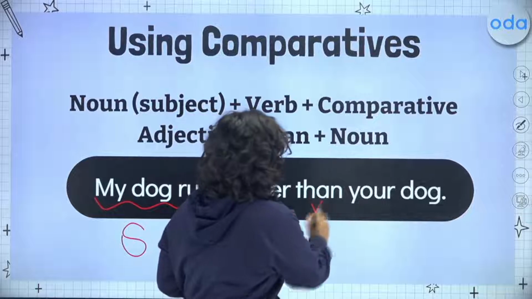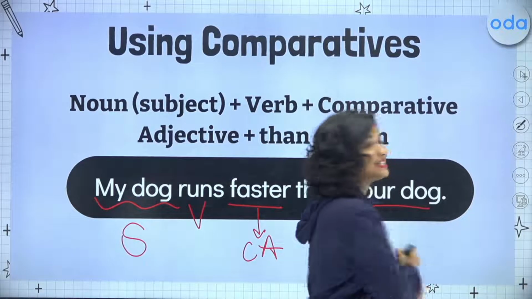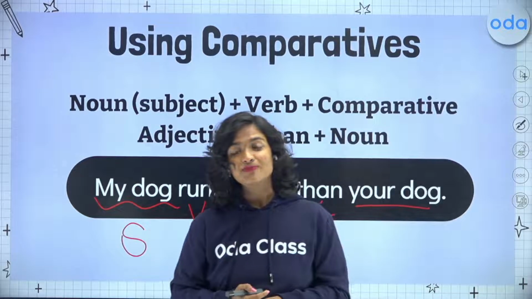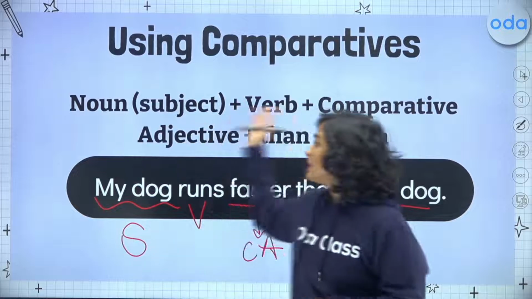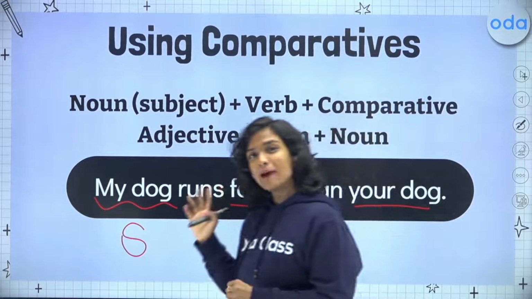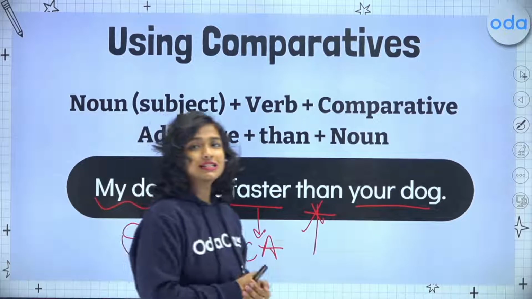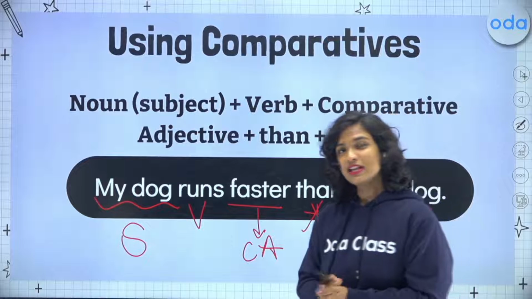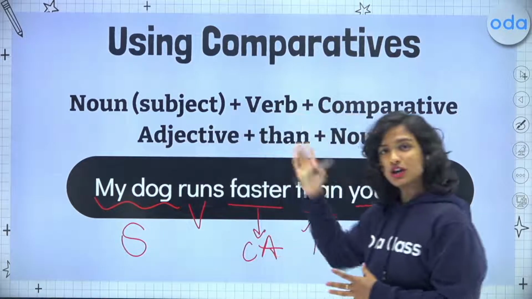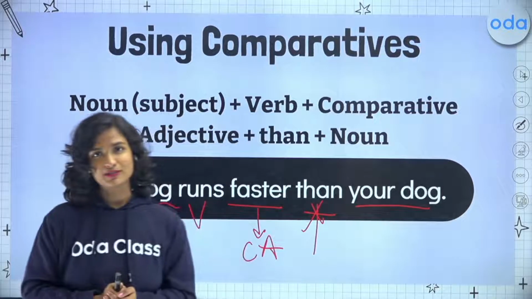We have our keyword than, and lastly, we have our second noun, which is your dog, which is also the object in this situation. So remember this formula, look at this example, and try to relate the two. As we go along this lesson, we are going to see lots more examples and also questions. So I want you to take a note of this formula and try to relate it with all of the sentences that we come across.